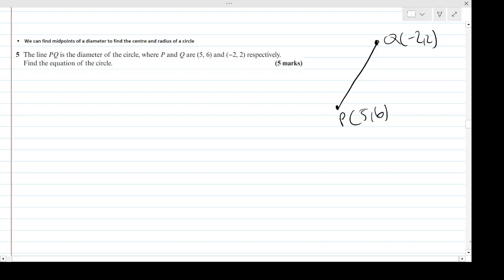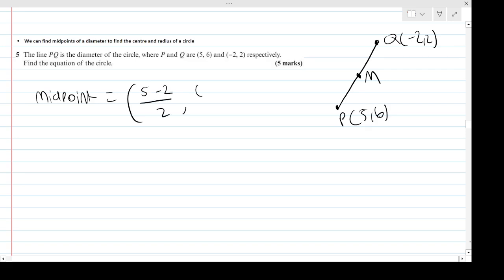Now, we're told that PQ is the diameter. If it's a diameter, the midpoint, which we looked at last time, the midpoint M is going to be the centre. So first we need to find the midpoint. If we add the two x values, we get 5 minus 2, over 2.